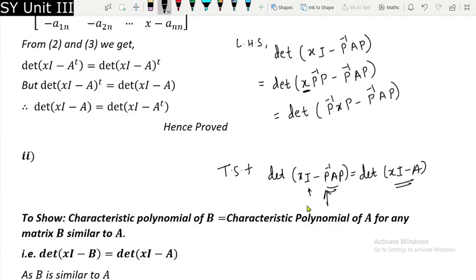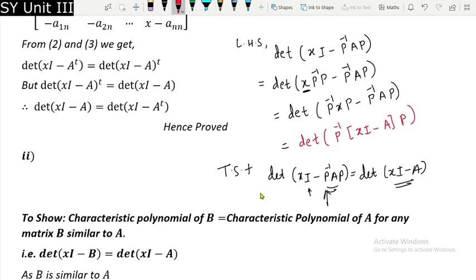Now since we have to approach determinant of xI minus A, this can be further written as determinant of, I will take P inverse common from the left hand side and P common from the right hand side. So what will be left inside? xI minus A, and outside is P. You just cross verify it, you will understand it.